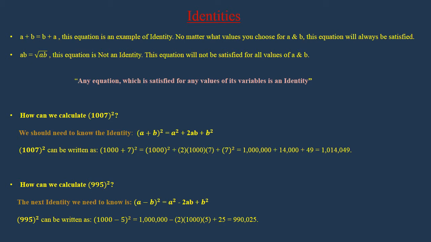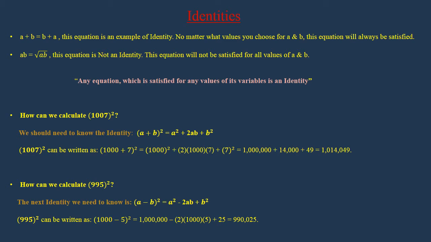Now, how can we calculate 1007 square? We can of course multiply 1007 with 1007, but there is a way of calculating it without using a calculator. For that, we need to know the identity a plus b the whole square is equal to a square plus 2ab plus b square.